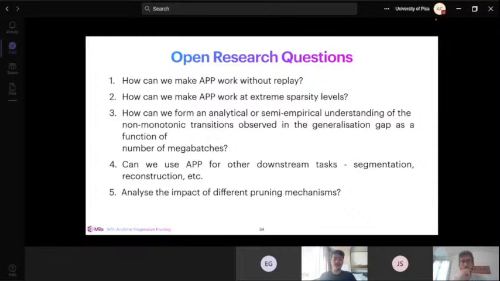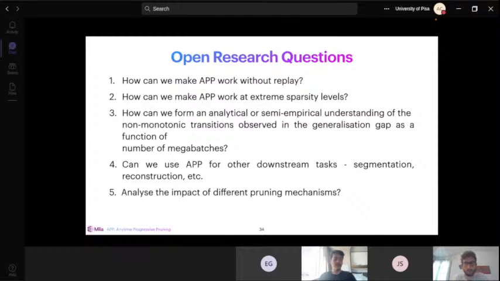The next point is more empirical and applied: can we use this progressive pruning approach for some downstream task like segmentation or reconstruction, which would also be a very valuable contribution and would open the avenue of pruning and using sparse models in different settings.